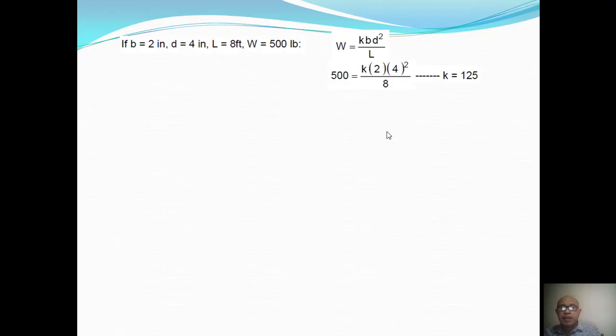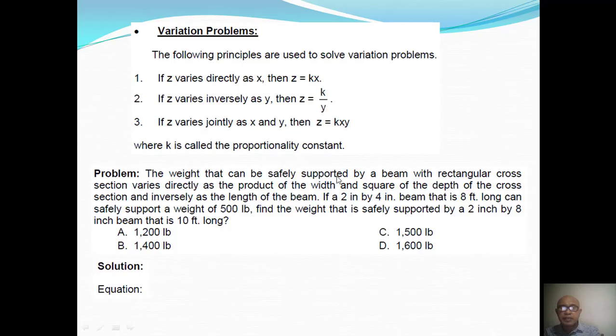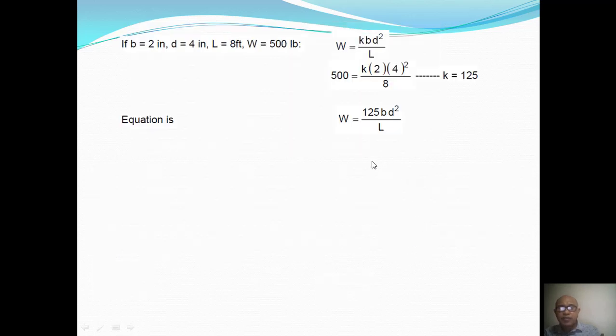And then the next set of values is where you have the question or the requirement in the problem. So I will flash it again. Find the weight that is safely supported. So the weight is the requirement. And then we have here, the width of the beam is 2 inches, 8 inches is the depth, and 10 feet long. Okay. So, using those values, this is our equation, because K is equal to 125.